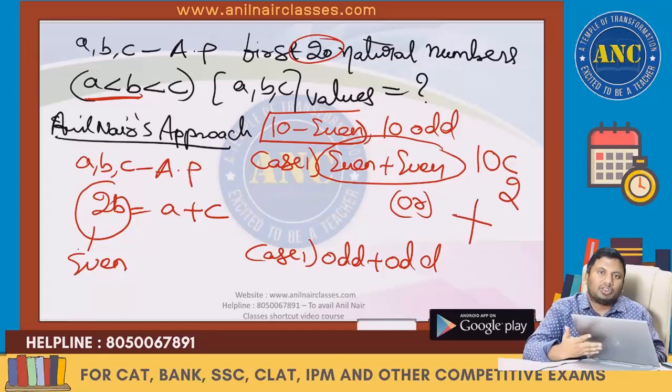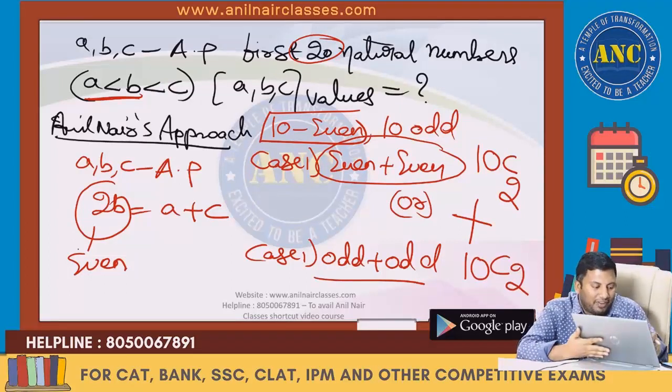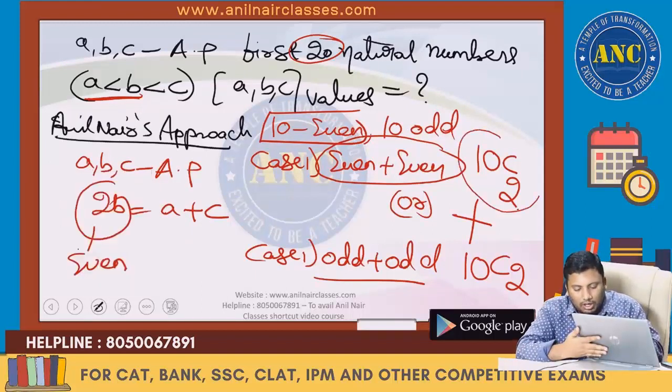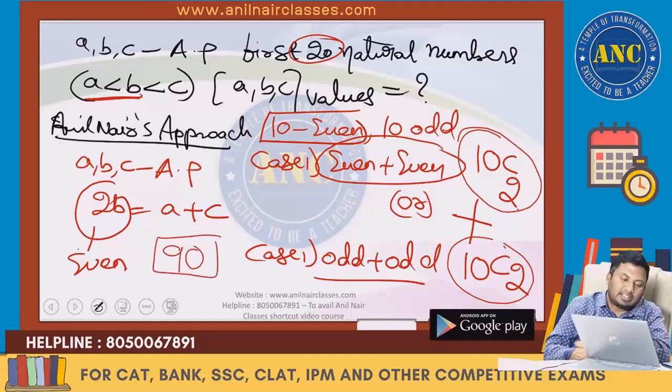Similarly, out of 10 odd numbers, select any 2, and there is one way where they are in ascending order. 10C2 plus 10C2, 45 plus 45, total 90 cases you will get.